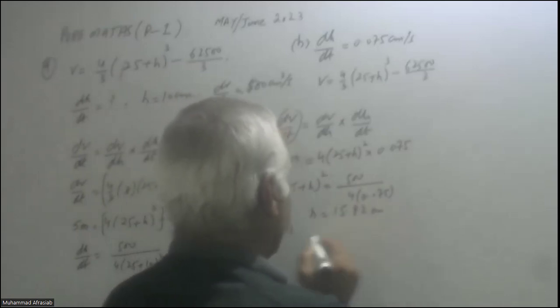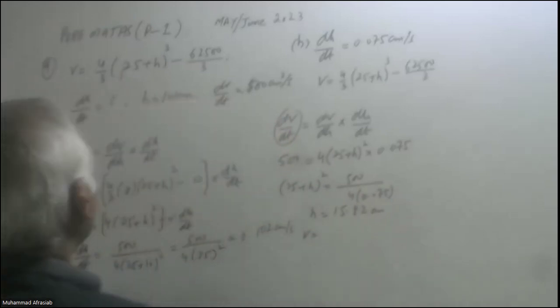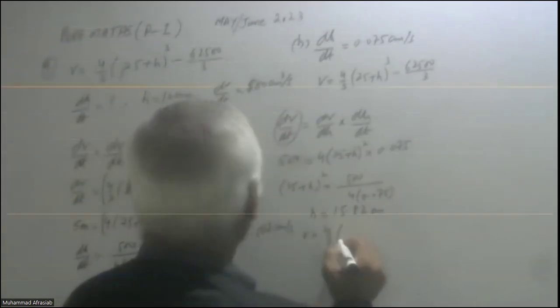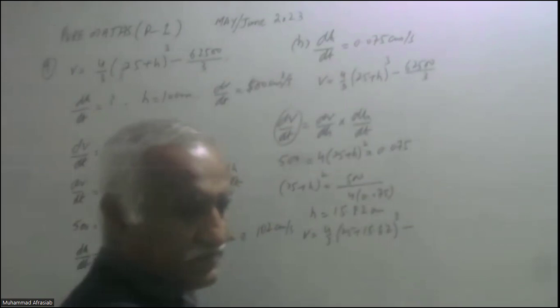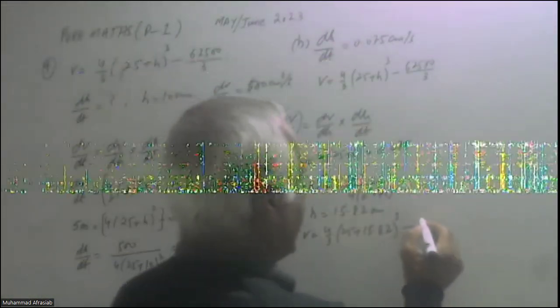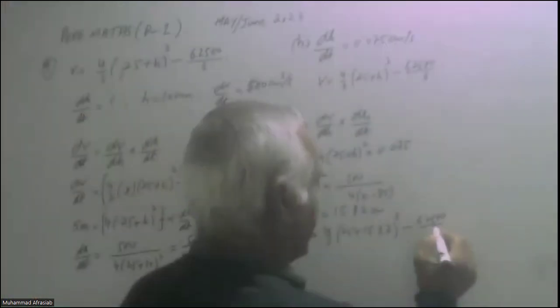And for this, the value of h will be calculated equal to 15.82 centimeter. So the volume will be equal to 4 over 3 (25 plus h, where h is 15.82) whole cube minus 62500 over 3, and that volume is equal to 69900 centimeter cube, which is the volume of this container.